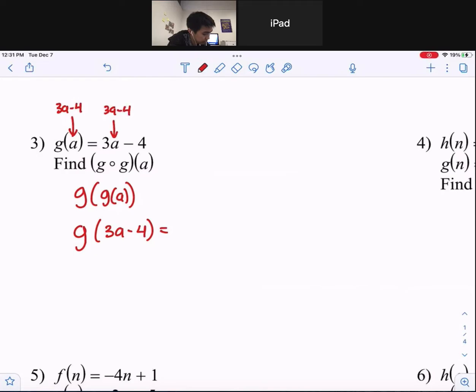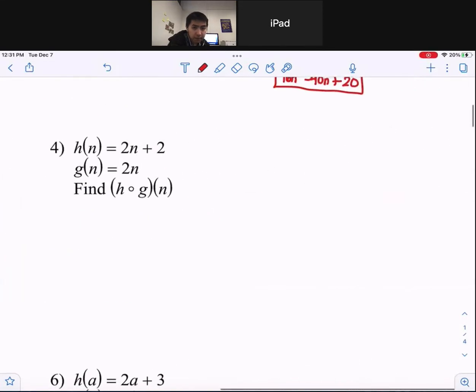So g of 3a minus 4 equals 3 times 3a minus 4 minus 4. Distribute, and we get 9a minus 12 minus 4, which is 9a minus 16.